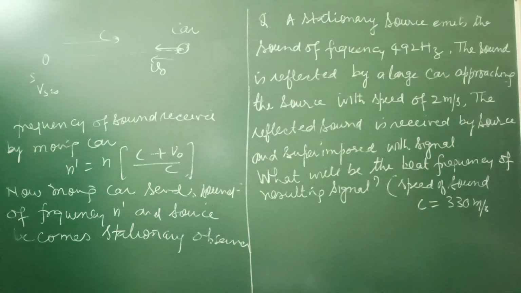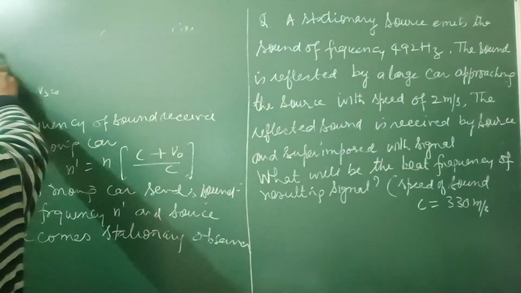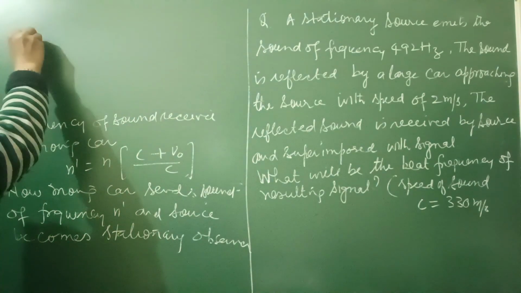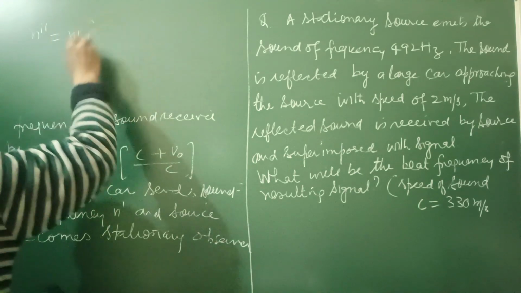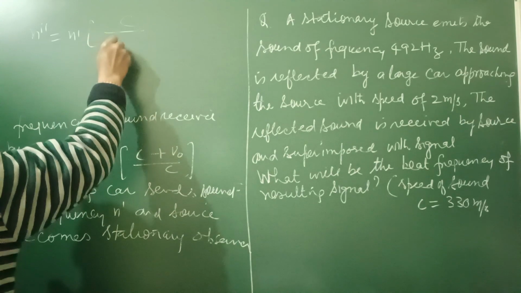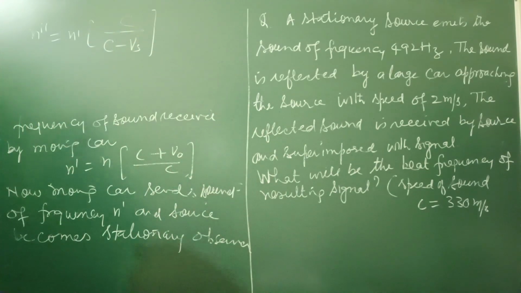Therefore, the frequency of sound heard by the source is n'' = n' times C upon (C minus Vs). Here now the source is moving in the direction of sound.